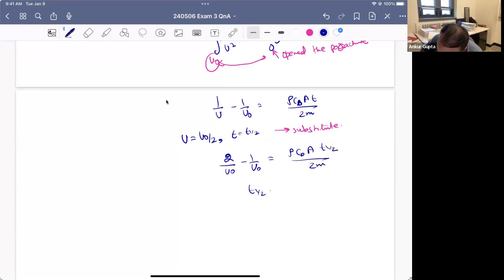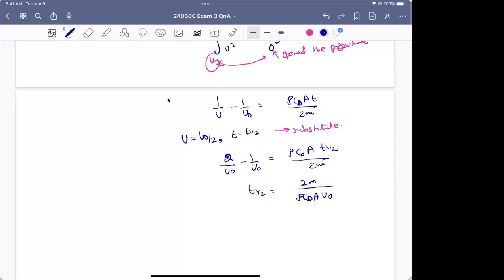So t1/2 becomes 2m by rho CdA u naught. That's what you get. Yeah, that makes sense, Trio? Yeah, thank you. Okay, perfect.